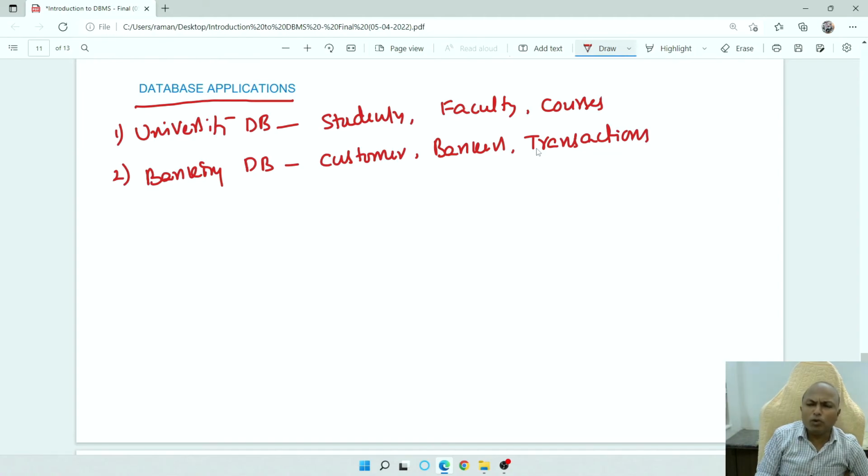It may have some more tables, but these are the basic tables. For example, the hospital database, which was also discussed earlier, has a patients table, a doctors table, and one table meant for tests.